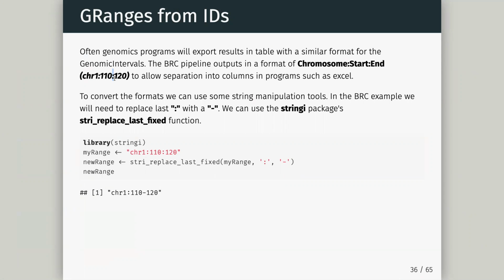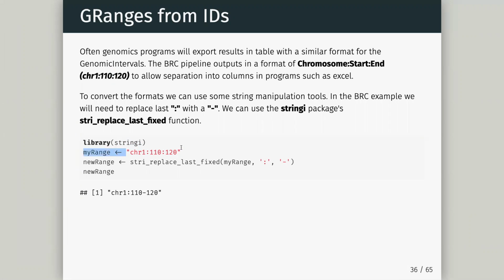If you want to convert that, which we've given you, into something which you can then convert into a GRanges, we just need to be able to replace that last colon with a dash. So to do that, we can use this package stringi. If anyone's using tidyverse, they'll recognize stringr built on top of stringi.